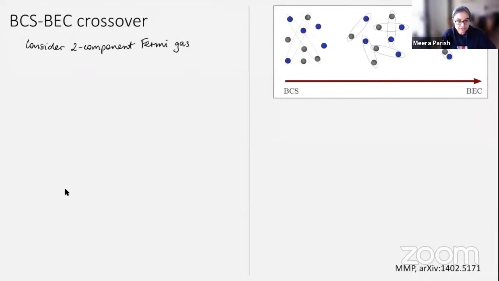I'm just going to denote them up and down. And for the assumptions here, for the moment, I'm going to assume that I have equal populations of each spin.